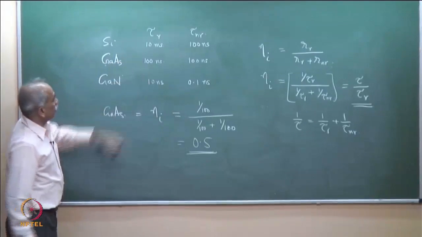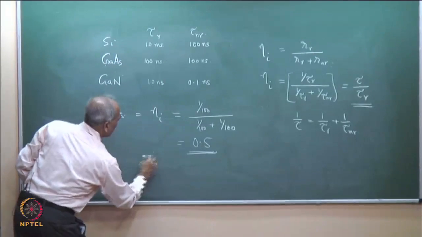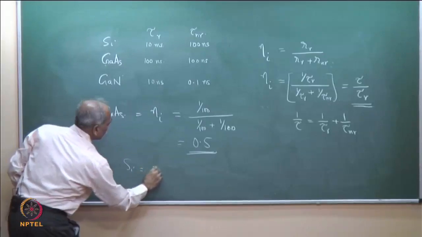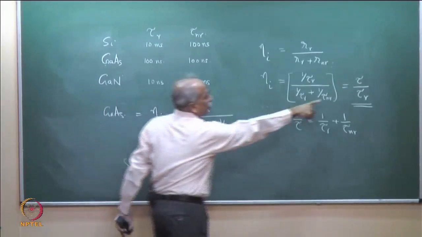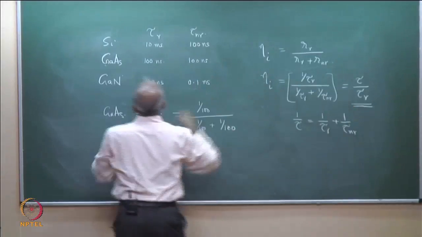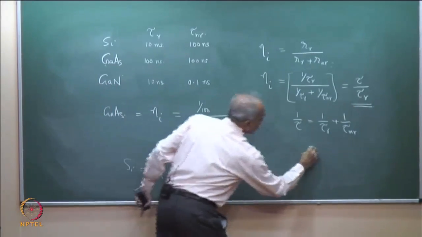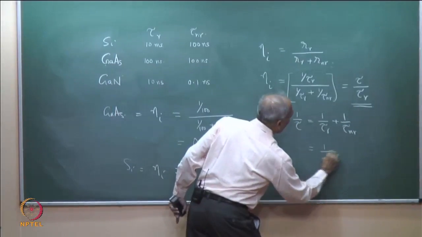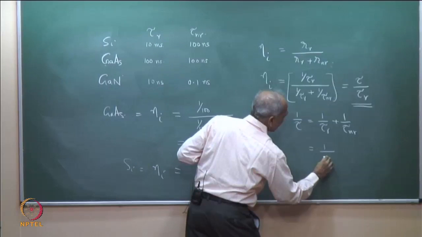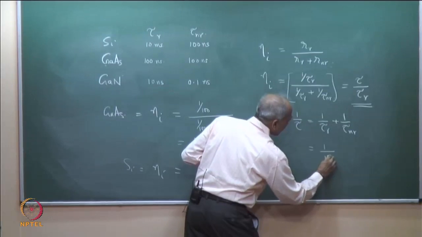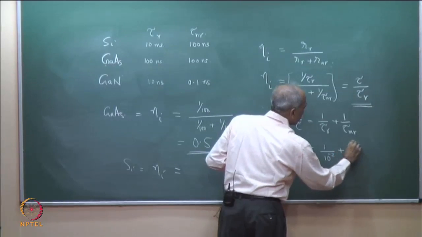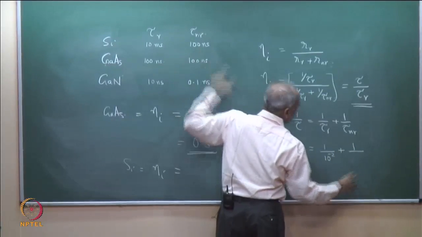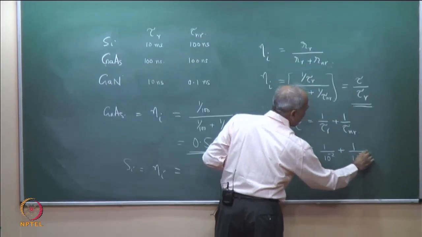If you look at silicon, for silicon eta I is equal to, if you want, you can use this directly. See this, what is the expression? 1 over tau is equal to 1 over tau R plus 1 over tau NR. Tau R is 10 millisecond, which is 10 to the power of minus 2 seconds, plus 1 divided by 100 nanosecond, 10 power minus 7.